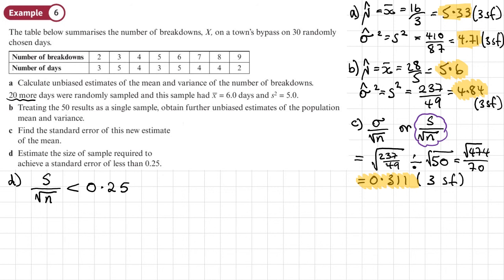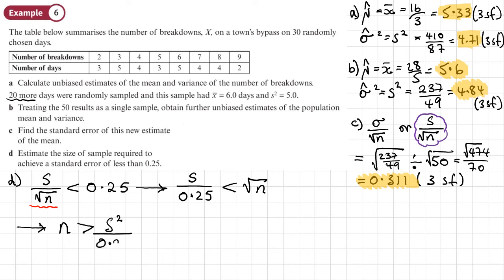Before we stick any numbers in, let's rearrange it to make n the subject. So we can have S over 0.25 is less than root n, and I'll flip it around and square both sides. So I'll have n is greater than S squared over 0.25 squared.